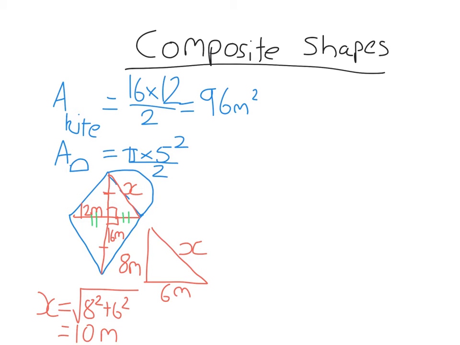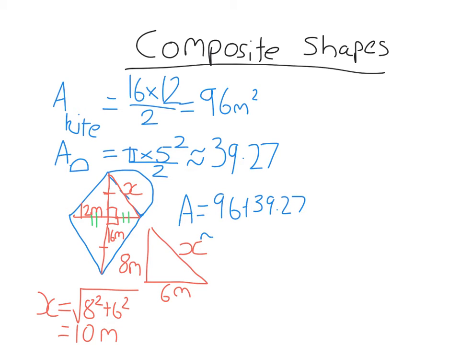But we divide by 2 in this case merely because it is half a circle. So if you put that on your calculator, you get about 39.27. So the total area will just be the 2 areas added up, which gives us about 135.27 meters squared. So that's when you have 2 shapes added together.